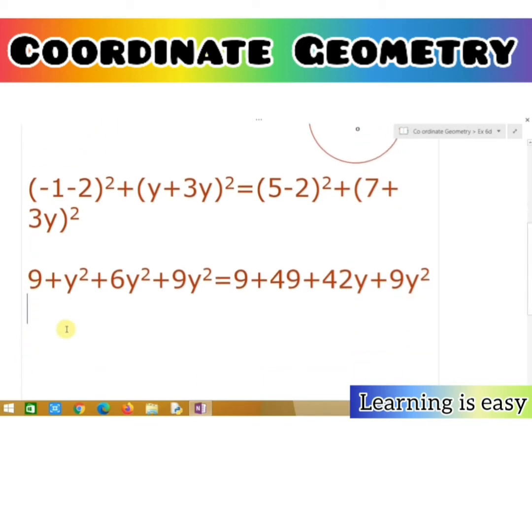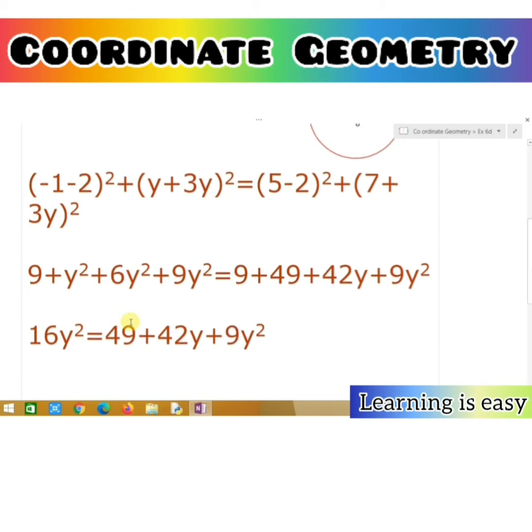So now 9 and 9 goes both the side, LHS and RHS. So we just sum up the LHS, that's going to be 16y square equal to 49 plus 42y plus 9y square.